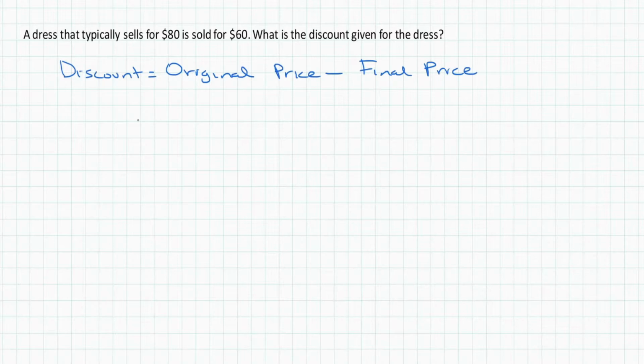The reason why we do it this way, remember, is that your final price is always lower than your original price. So here, your discount is going to be $80 minus $60. So this is going to be a $20 discount. So your discount here is $20.